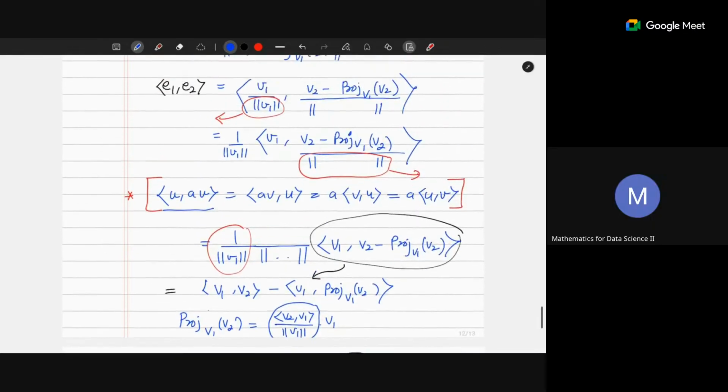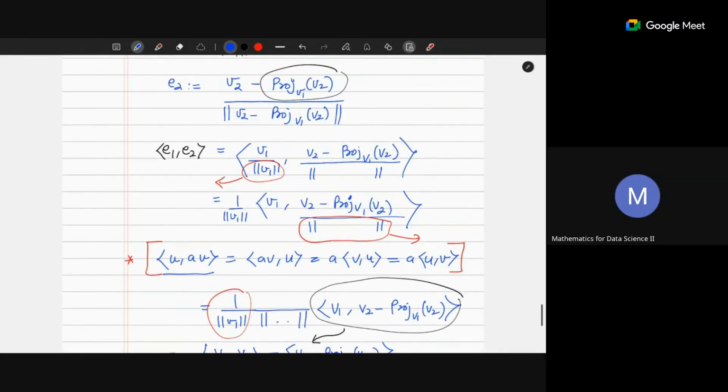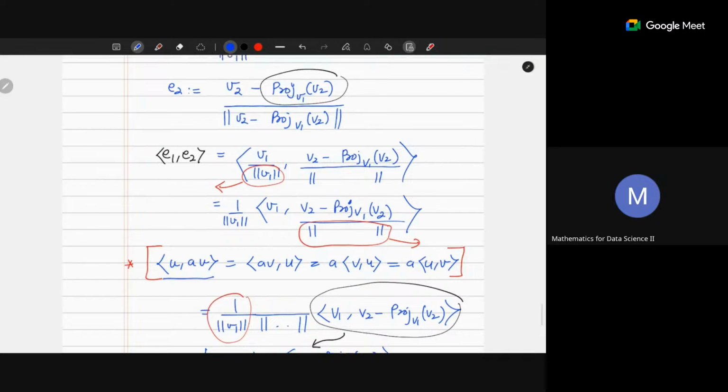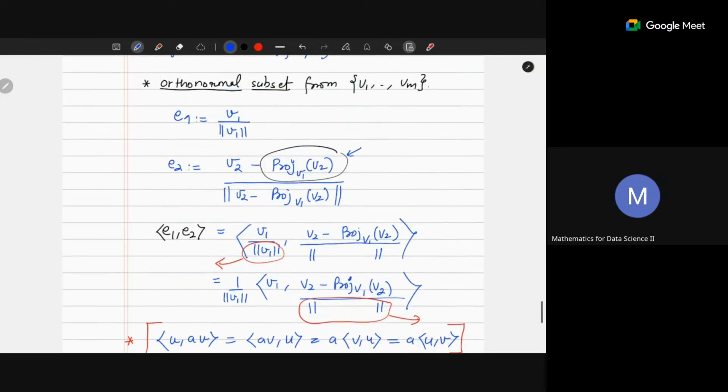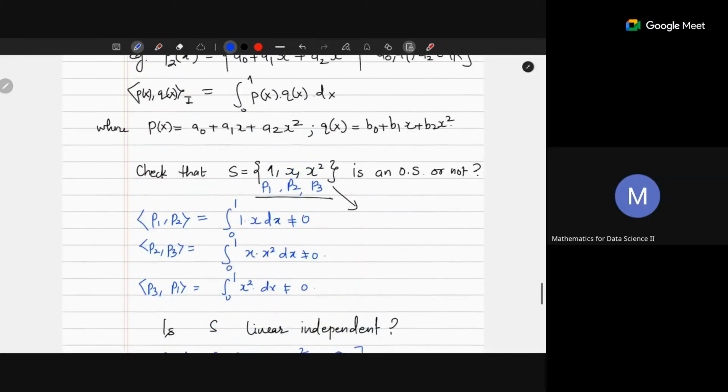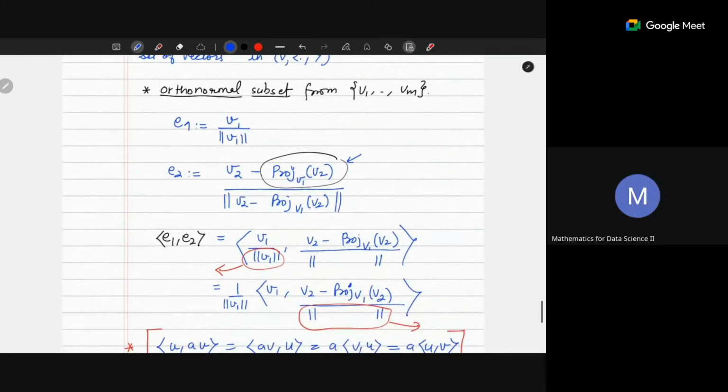So the point is that after doing this procedure, the vector that you obtain becomes orthogonal to the first vector that we started with. That's why removing this factor becomes important. We keep on repeating this.